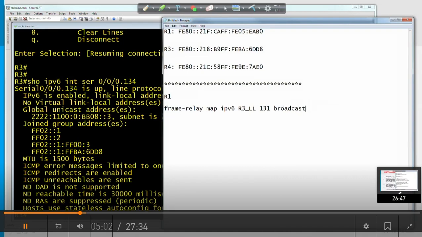And this is going to be R4 link local, which is going to be 141.